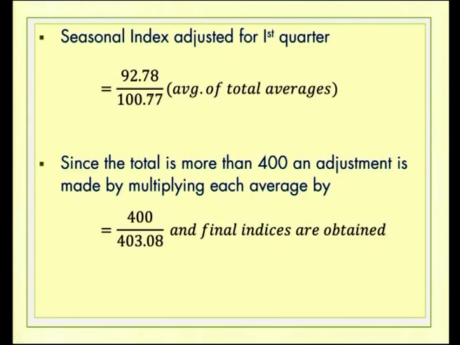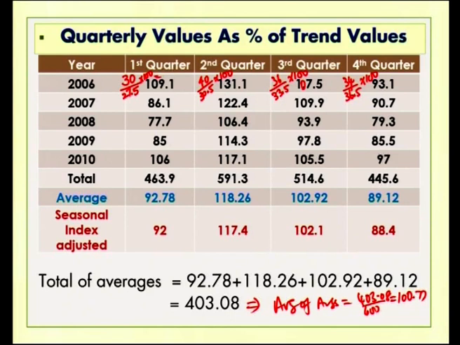So, the seasonal index is adjusted: the value 92 is obtained as 92.78 by 100.77, and similarly the others. Since the total is more than 400, this kind of seasonal index adjustment has to be done.